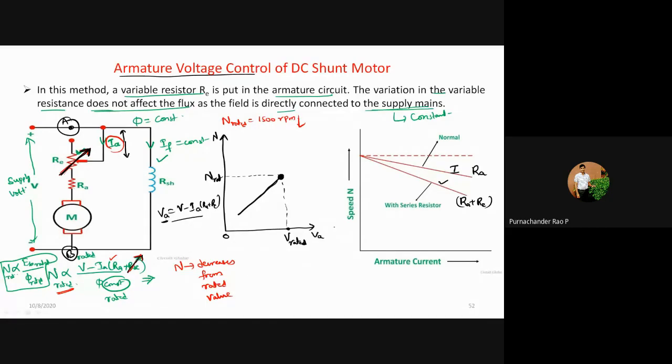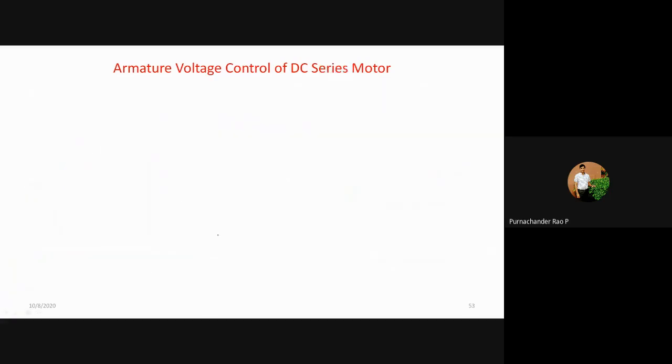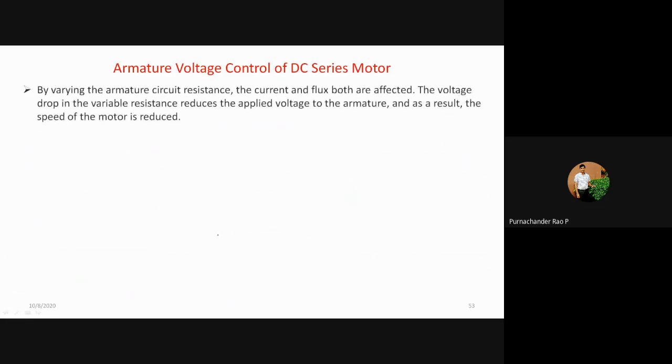So this is about the armature voltage control for a DC shunt motor. Okay, next we will discuss the same thing, armature voltage control method for the series motor. Here, by varying the armature circuit resistance, the current and flux both are affected, as the armature is connected to the series field winding.